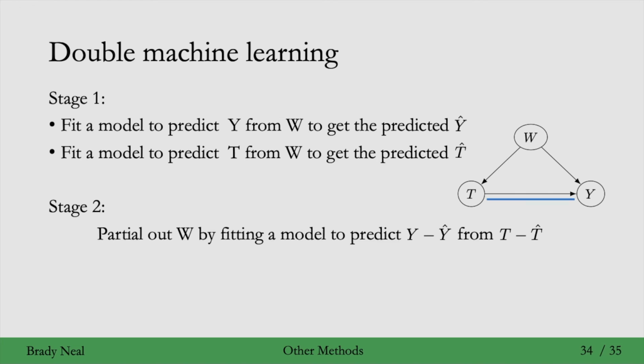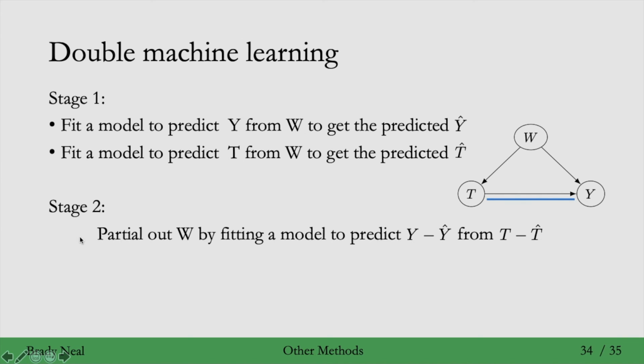Using those, we can partial out w by fitting a model to predict y minus y hat from t minus t hat. The idea here is that y hat was fitted to w, and t hat was fitted to w, so by subtracting those out, it's like we're subtracting out w.